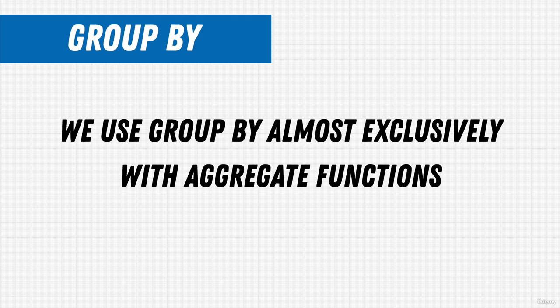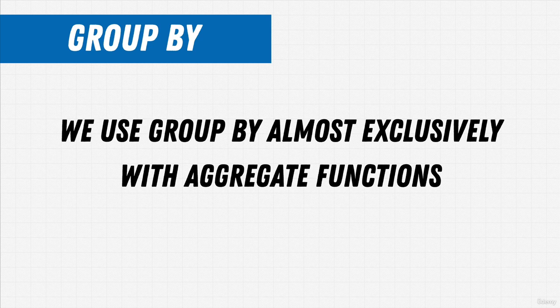We use group by exclusively or almost exclusively with the aggregate functions with sum, min, max, count, etc. Now, why? Because when we get a group of data, we often want to know something about that group. And that something we want to know is most likely a count, a sum, a min, a max, whatever the case is.